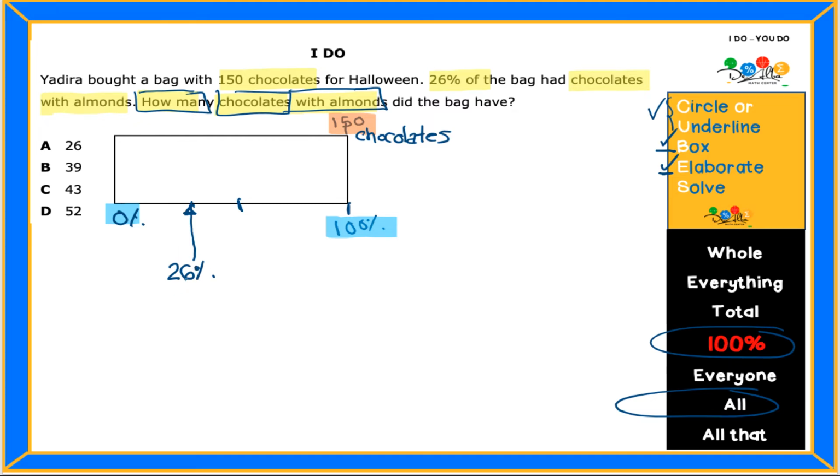Now, 26% means the piece of the whole amount of chocolates, but it doesn't tell you how many chocolates. It only tells me about the size of the part in the bag that we're going to take. So we don't know this number here. This is the value that we don't know.